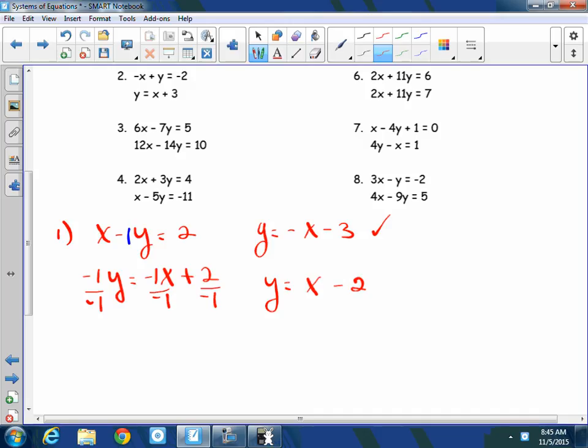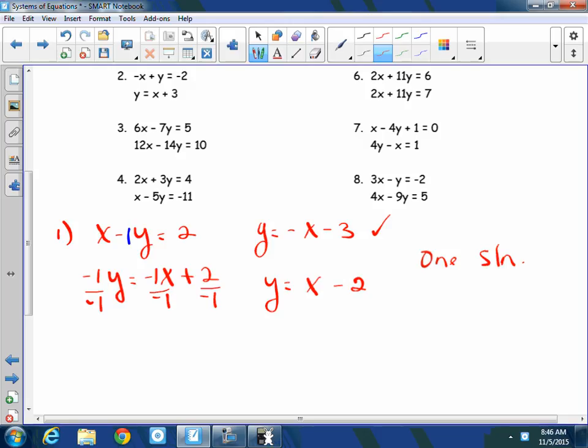The first thing that I like to do is how many solutions, which is the bottom part. How many solutions will this have? One solution. Very good. Now, if it has one solution, then talk to me about, is it consistent or inconsistent, and if it's consistent, dependent or independent?